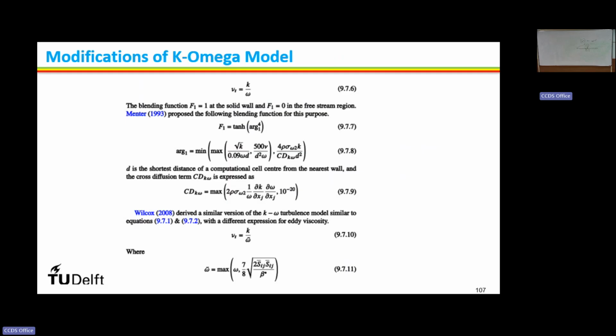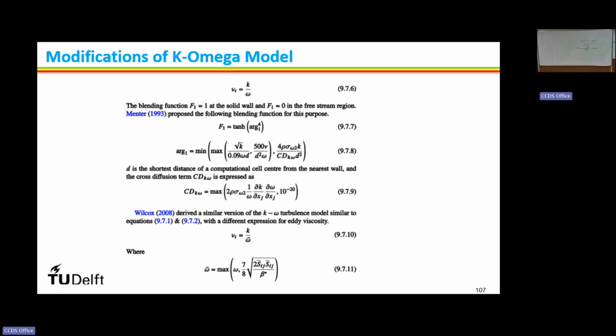This blending function is a tanh relation of some argument. That argument mostly depends upon d, the shortest distance between the cell center and the nearest wall, and some other parameters like omega, 2 root k by omega d. These are constants. Basically, they depend upon the shortest distance between the wall and the face center. He did it.